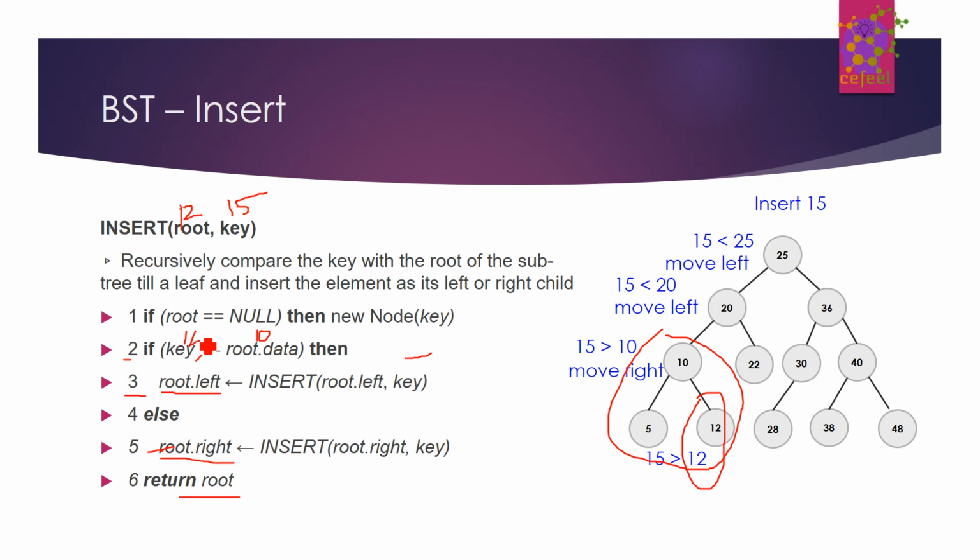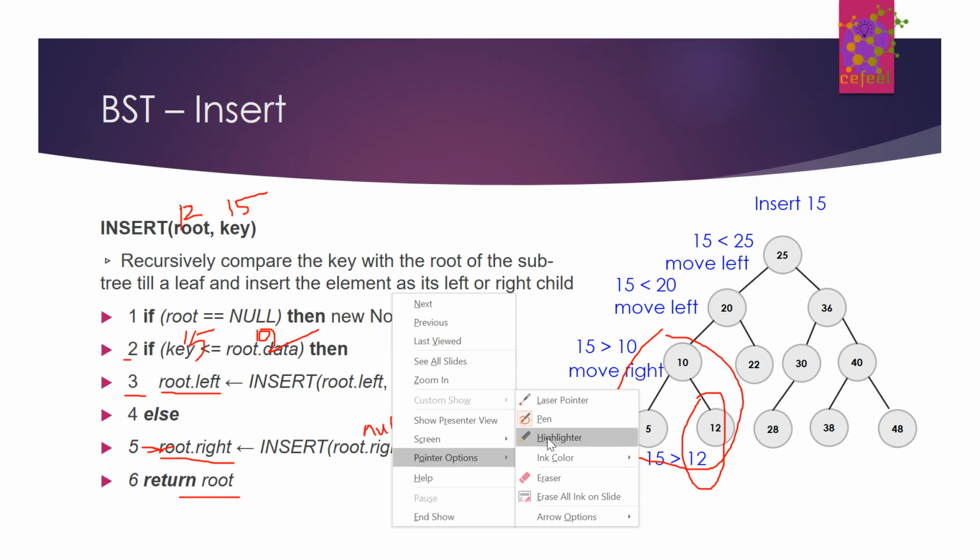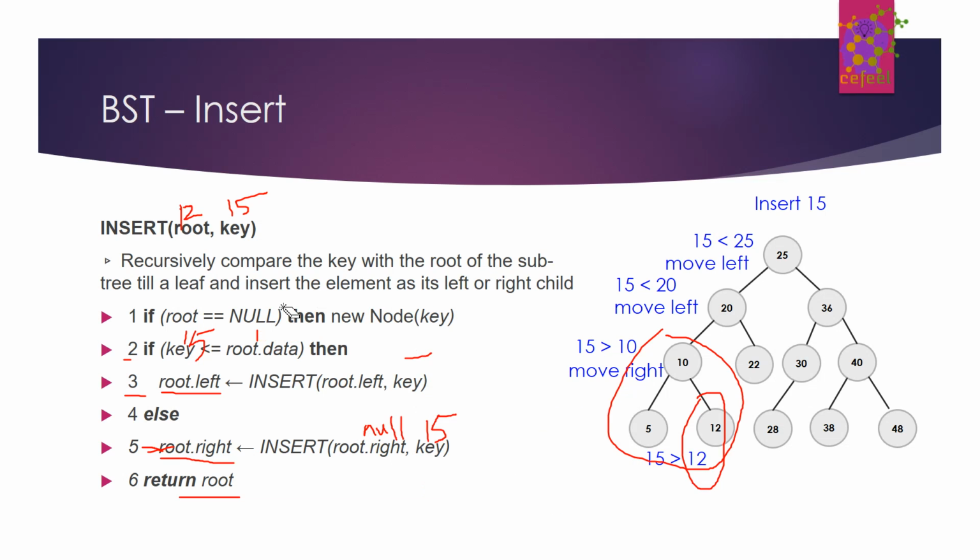So this condition will fail. It will come to step 5 and then root's right, which means 15's right is null here, will now be called, and this will be 15. So it will make another recursive call over here, and notice what happens in the last recursive call. Now this is pretty interesting because this is when the node will be inserted.